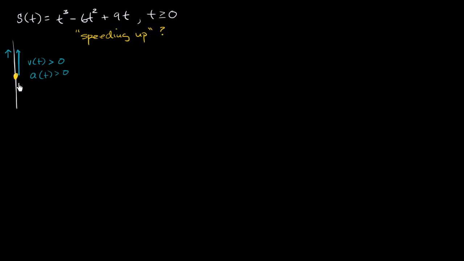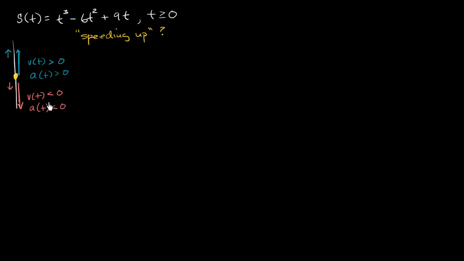Well, if our velocity at some moment in time is negative, and our acceleration is also negative, then we will be speeding up in the downward direction. Our velocity is already negative. We're already going downwards, but then we're going to be going downwards faster and faster and faster. Our velocity will become more and more negative because the acceleration is less than 0. So these are both the cases when we would be speeding up.